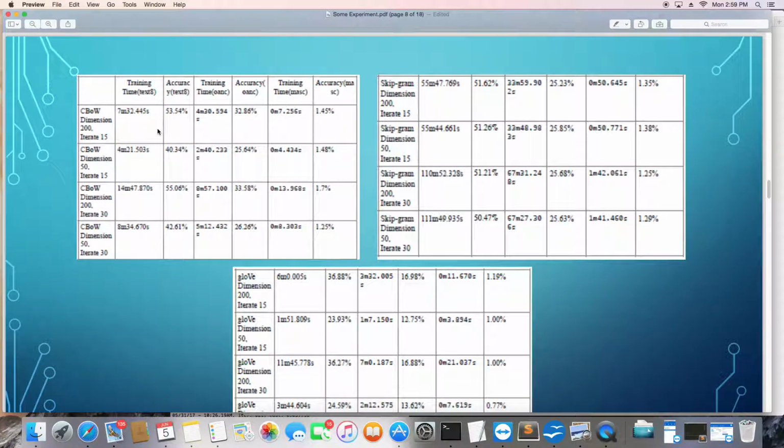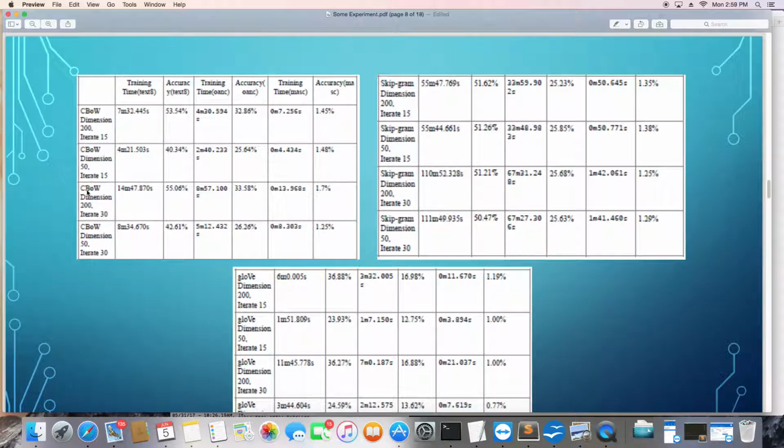We can see here is text8. For example, text8 accuracy is about 53%, with dimension 200 and iterate 15.